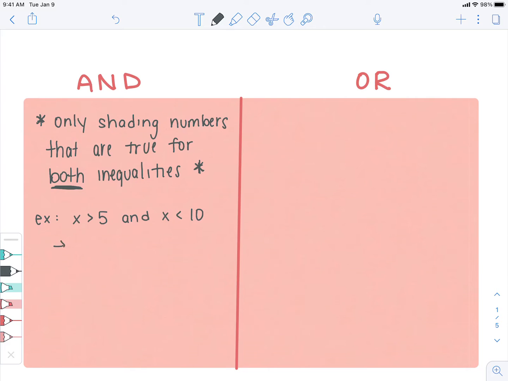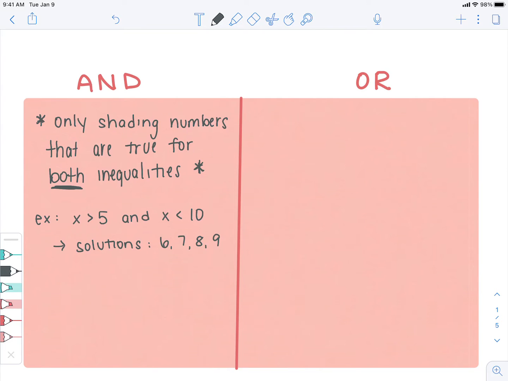So any possible answer would be 6, 7, 8, 9. It's true for both of them. But I can't use numbers like 11 because even though 11 is bigger than 5, it's not smaller than 10.